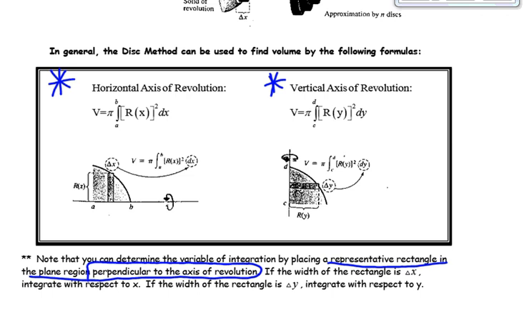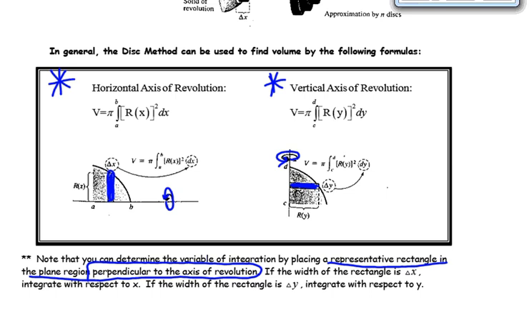So if my axis of revolution is the x-axis, then my rectangle needs to be a vertical rectangle. So for a horizontal axis of revolution, you're taking with respect to x. And for a vertical axis of revolution, my rectangles are going to be horizontal, so then I would be taking with respect to y. Okay?